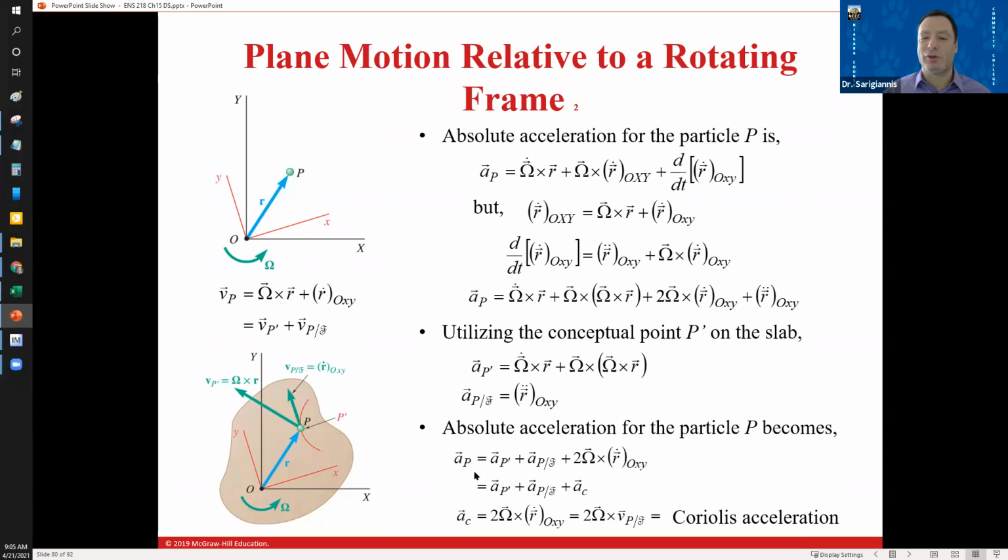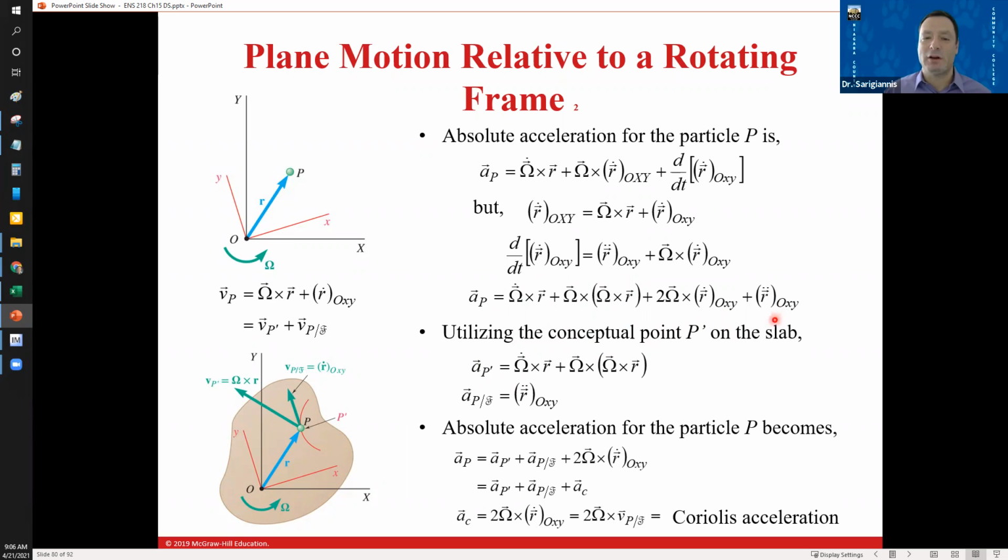And you wind up with terms for the acceleration of the particle. So you're starting from this equation basically, and then you're canceling out what you don't need as you go along. What they're showing here is that these terms right here are AP prime.